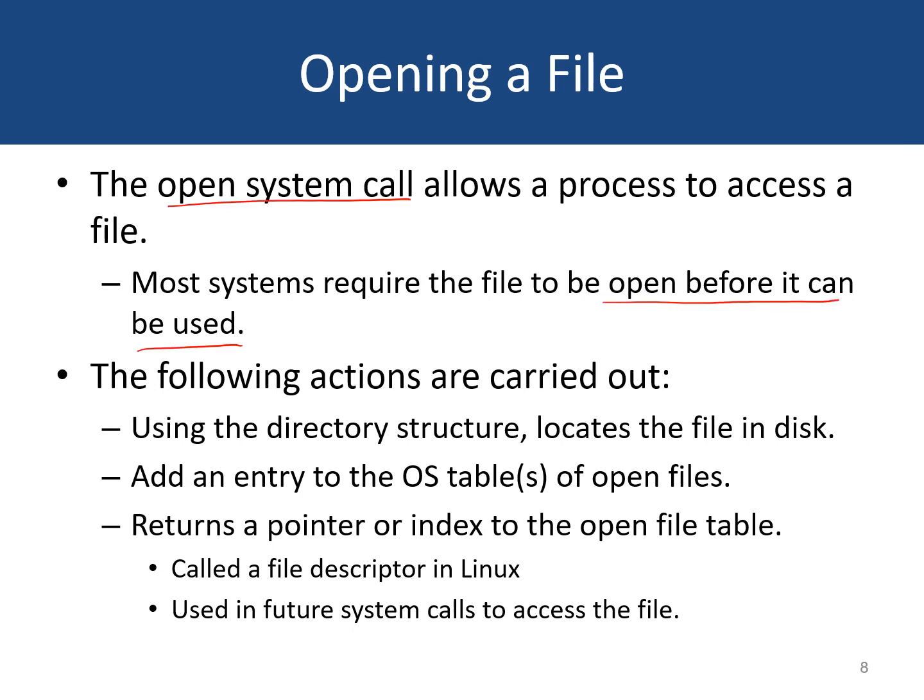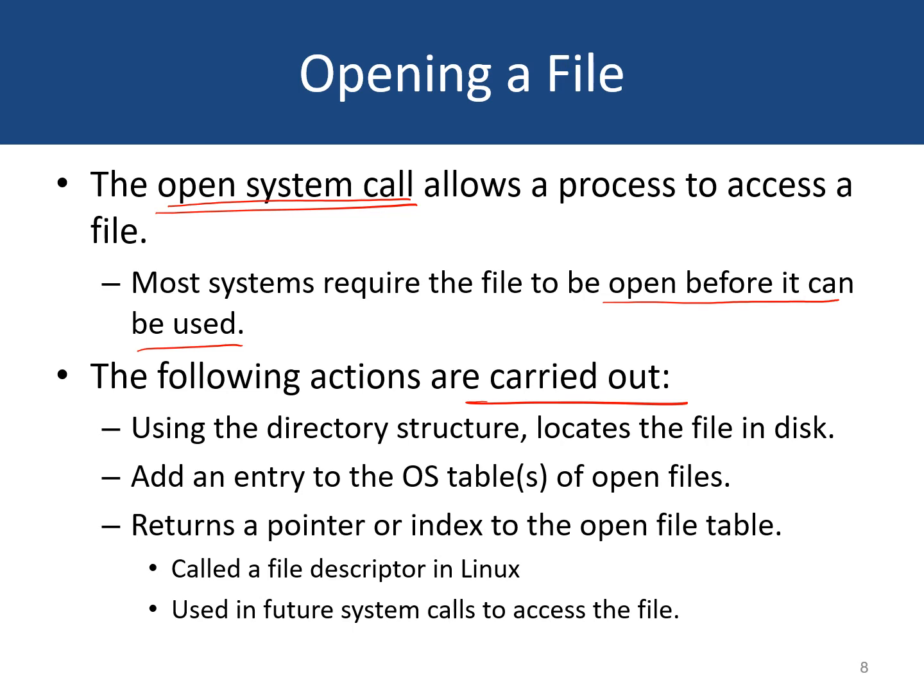So here is a brief description of what happens when we make the open system call. This open system call takes a file name and searches the directory, and then it will copy the directory entry for this file into an open file table.